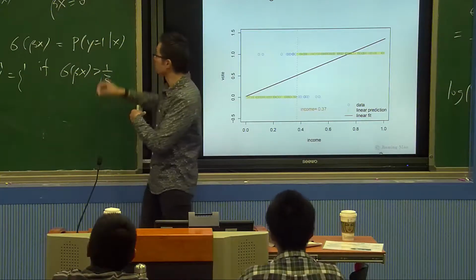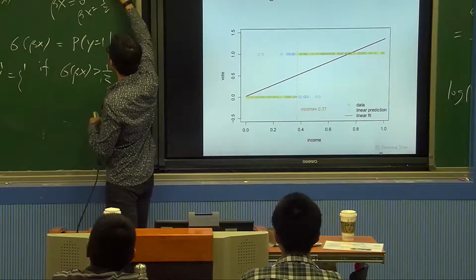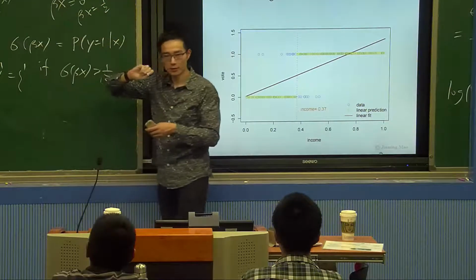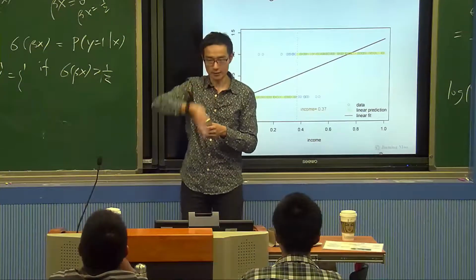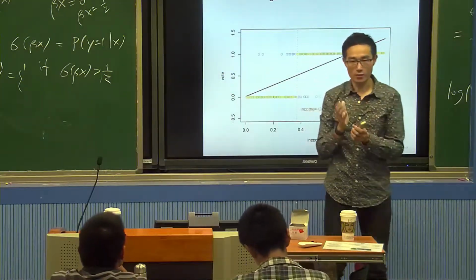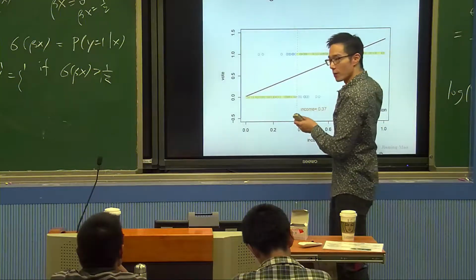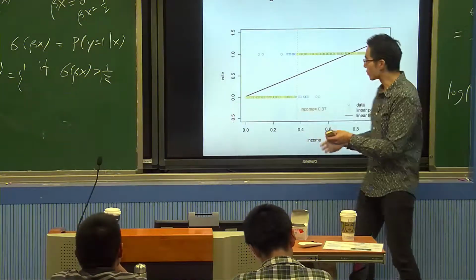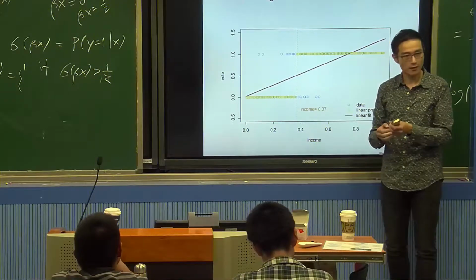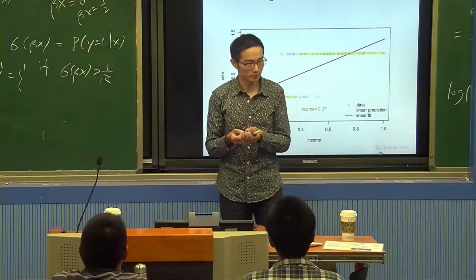For linear regression, it's something like beta x equal to 1/2 when y is 0 or 1. So both are a straight line like this. That's why logistic regression is often considered a linear model too. Although obviously the model itself for probability is nonlinear, because it produces a linear decision boundary, it's typically considered a linear model for classification too.